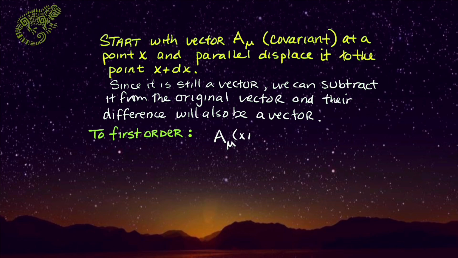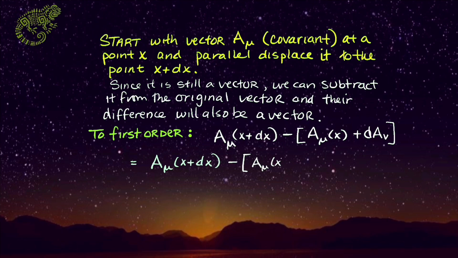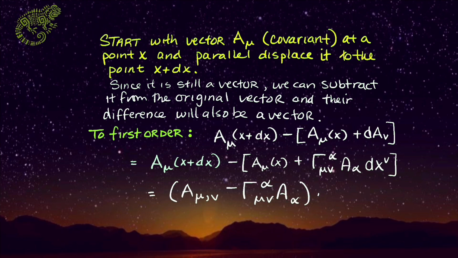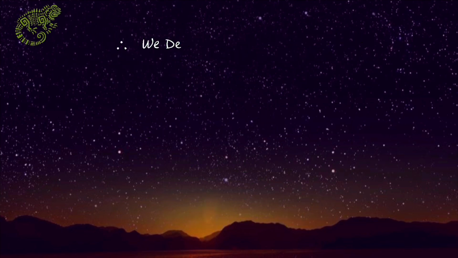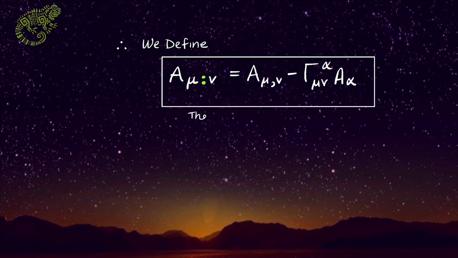So to first order, our parallel displaced vector at x plus dx subtracted from its original vector, we have this term dA nu, which we developed in our last video under a representation with the Christoffel symbol of the second kind here. And this term right here is a tensor by the quotient rule for an arbitrary dx nu. So we define A mu colon nu, with the colon notation, as the covariant derivative of a covariant vector.